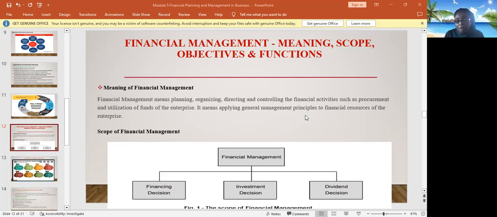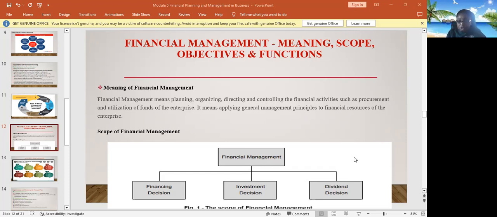Now, let's look at the scope of financial management. Financial management involves financing decision, investment decision, and dividends decision. These are the scopes. What are your decisions? Because the decision you make will make you succeed in business or fail in business.